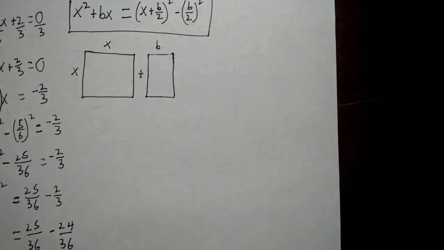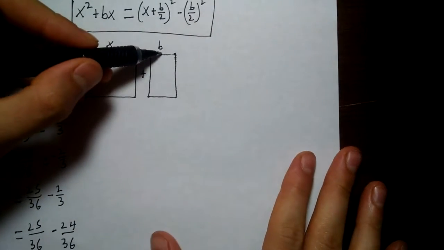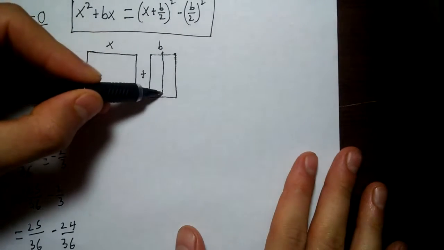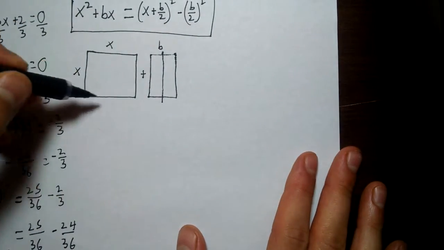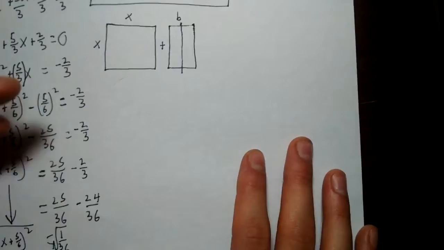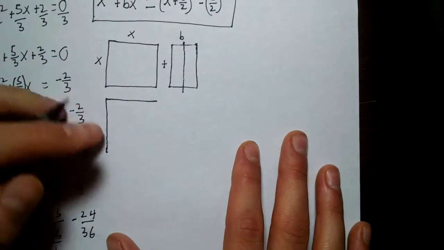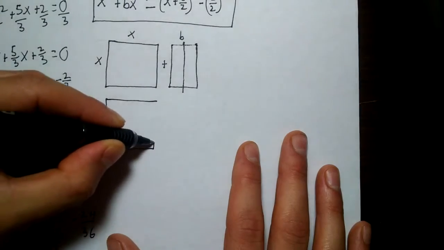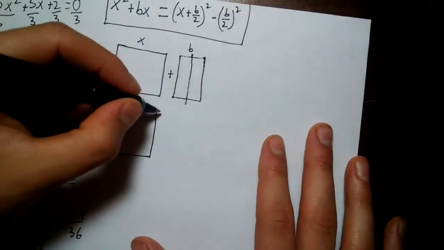Okay, now we're trying to make a square out of this, a perfect square. It's kind of hard to do, but let's cut this part like this, okay? And let's take half of it and put it here, and the other half we'll put down here, and we'll see what that looks like. You can probably visualize that. I'll try to draw this the same as best I can. x, x, okay?